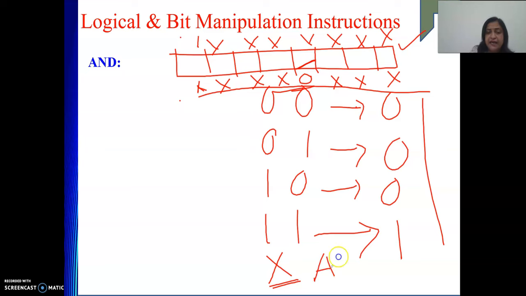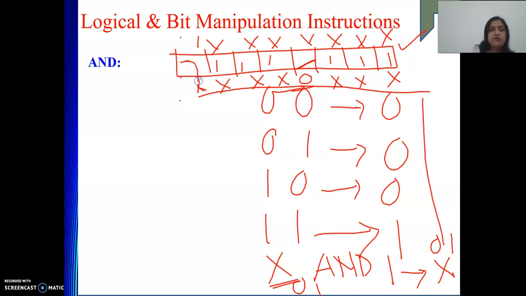With something, if I AND 1, what is the result? That result is always that something. Means if it was 0, it will be 0. If it was 1, then the result will be 1. So wherever I don't want to change, at those positions I will AND with 1. And wherever I want to change, that means I want to make 0, there I will AND with 0.